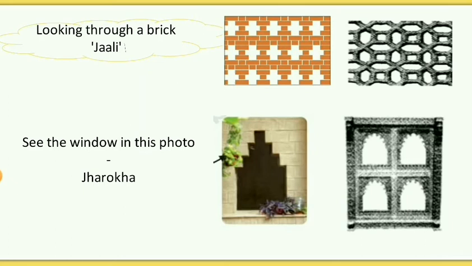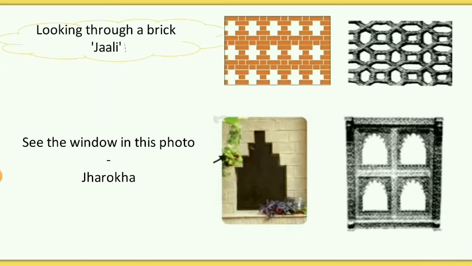Okay. Now, depending on the arrangement of the bricks or the patterns they are arranged in, many different types of designs are formed. So here I have given you this figure.